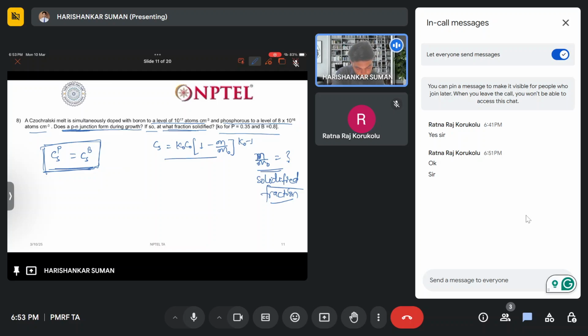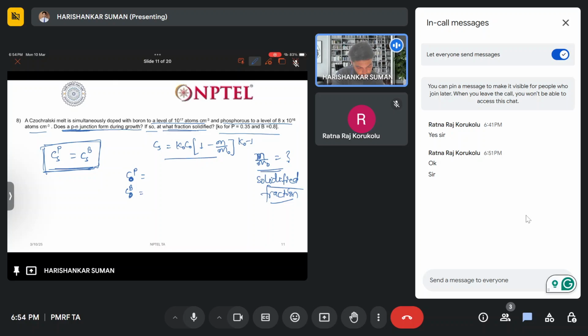So how can we use this formula? Let's suppose CS for boron and phosphorus. C naught for boron and phosphorus. What is this value?